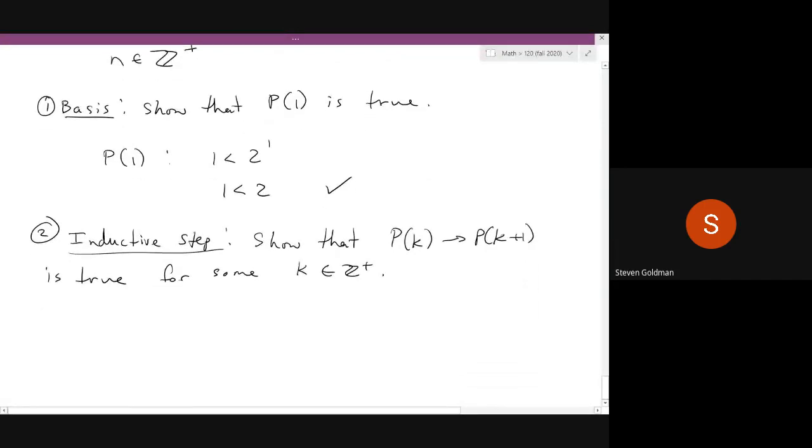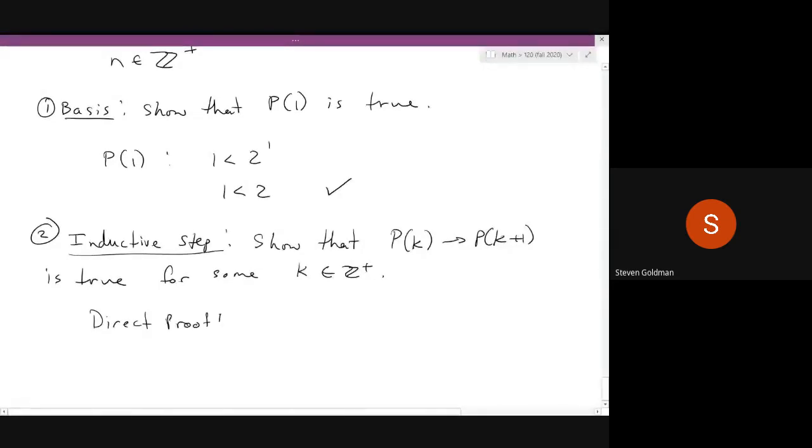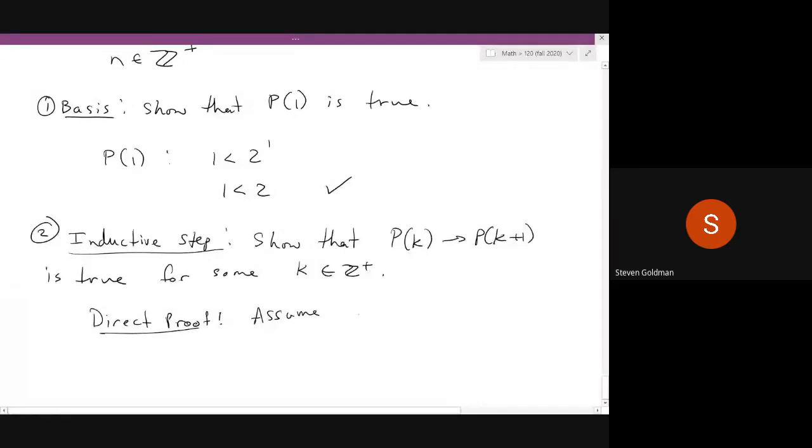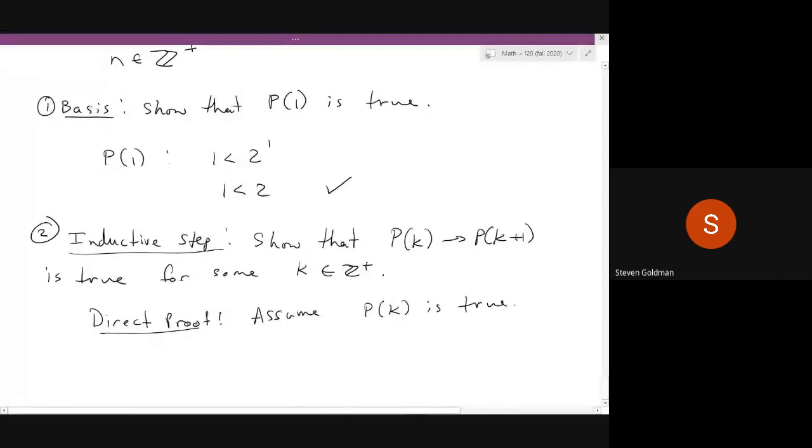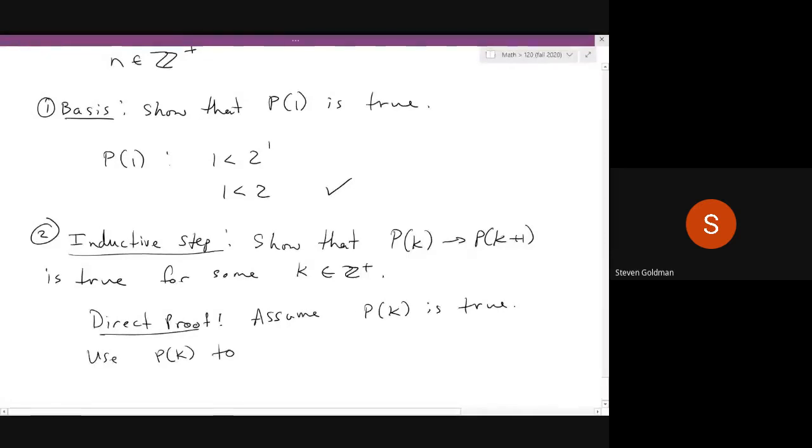So again, we want to do a direct proof. So assume P of k is true, and use P of k. And again, that's the inductive hypothesis, the assumption that P of k is true. Use P of k to show that P of k plus 1 is also true.